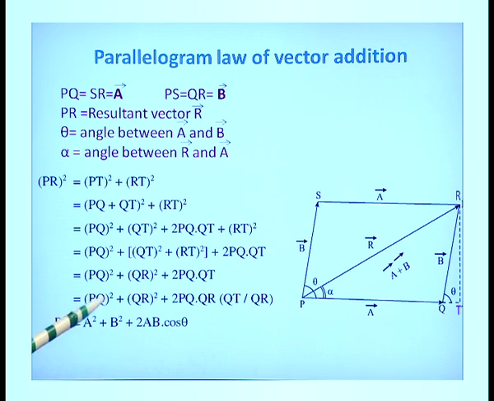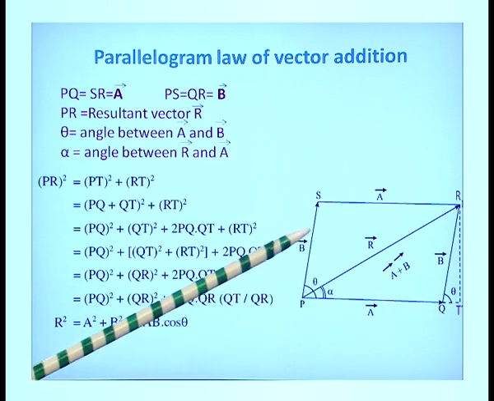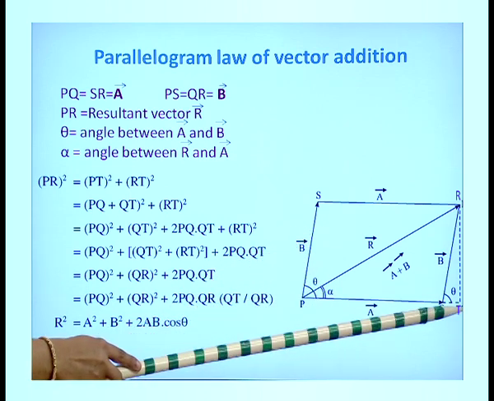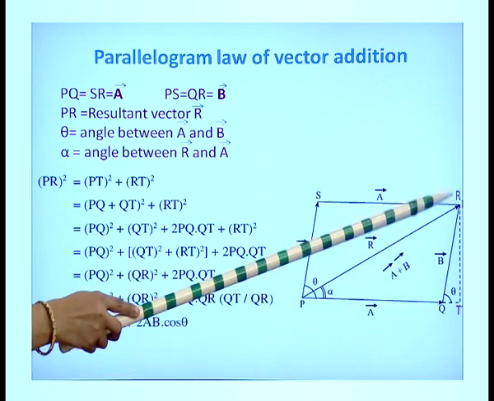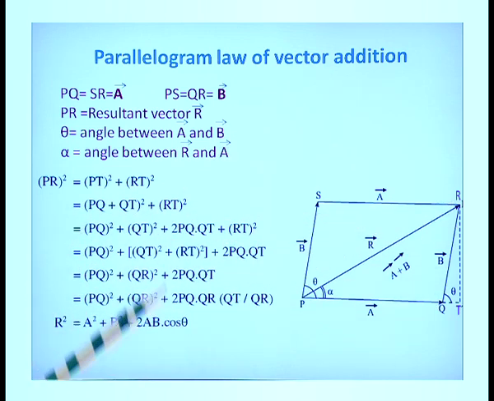This is equal to PQ square plus QR square plus 2PQ QR into QT divided by QR. We have multiplied QR and divided QR. Now, what is QT by QR? QT by QR is equal to cos theta.